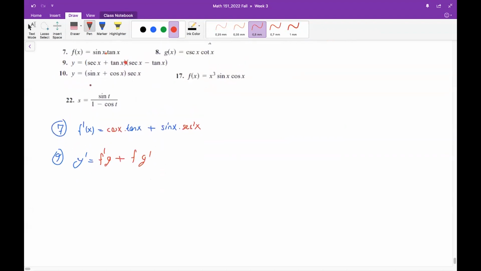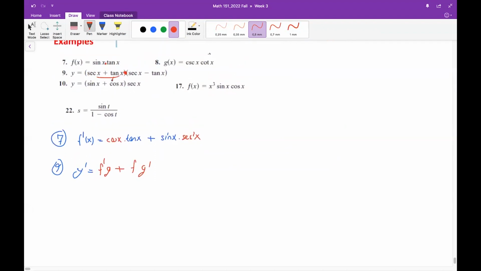This is the product rule where f is this part and g is this part. Let's go for it. The derivative of the second function is what? It is secant x times tangent x, okay? And the derivative of the tangent is secant square x. Okay, this whole thing is written for the derivative of the first part, which we call f, right?